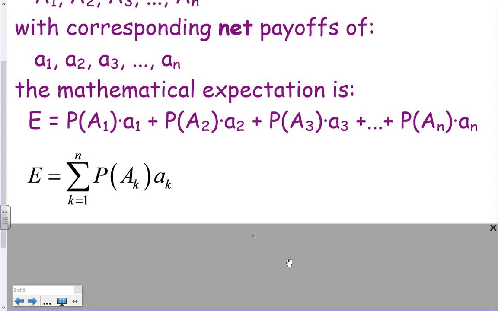It's just saying you take p, your probability of event a sub k. When k is 1, it would be probability of a sub 1 times the payoff a sub 1. And then you let k be 2 and 3 and 4 and so forth. So this is just another way that you can write a summation of a series, using this sigma notation or summation notation, as we call it.